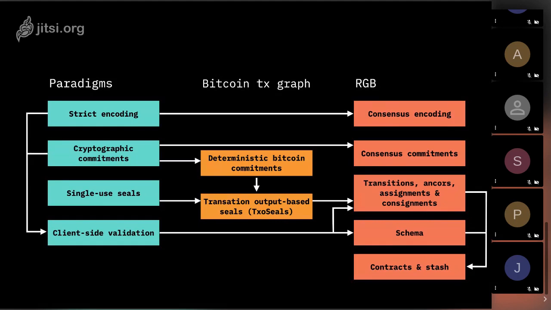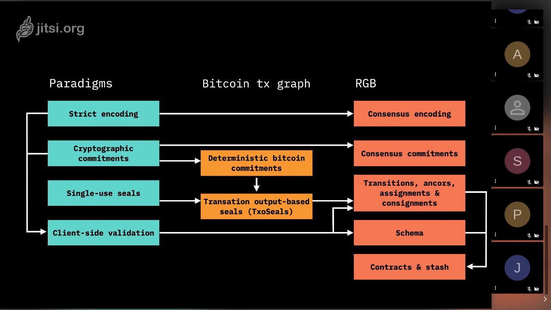Basically, the difference is that an RGB contract is some defined contract. For instance, it can be a contract defining an asset. And this contract is dealing with a single asset type it defined, and it has a history in the future. And there may be multiple contracts, and you may own multiple instances of some asset under one contract, and some other instances of some other asset under another contract.